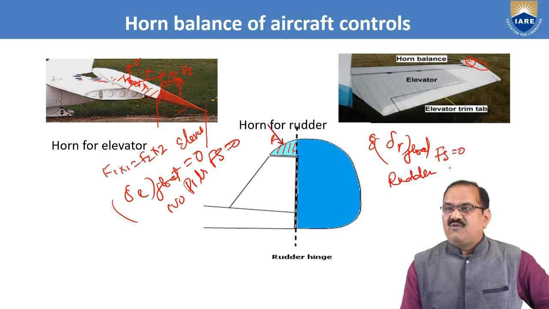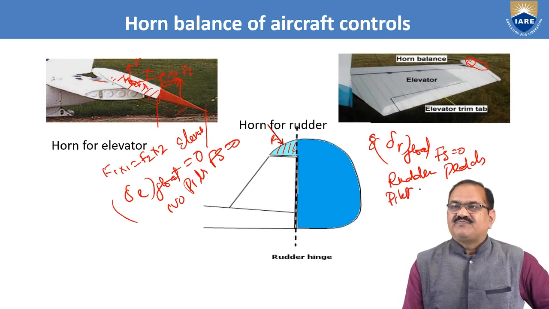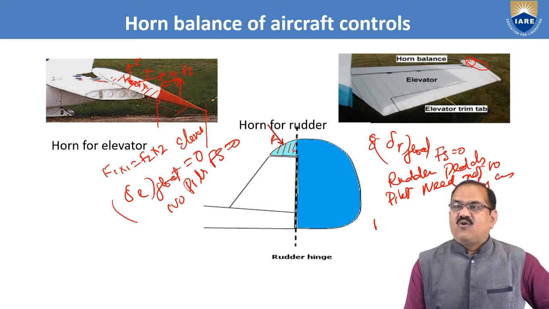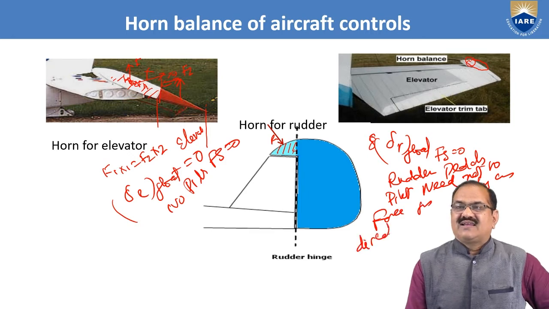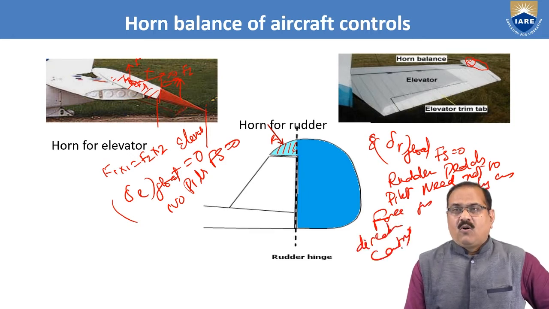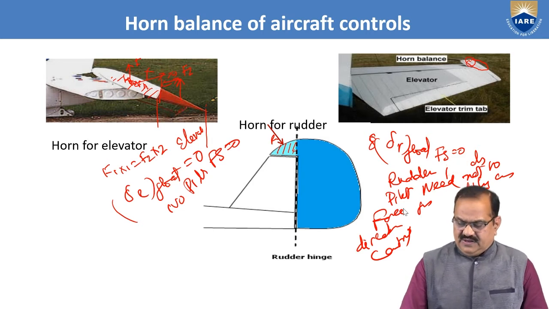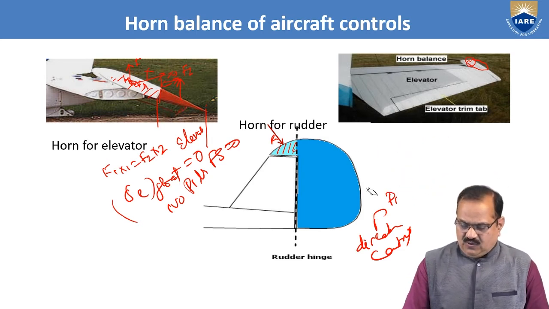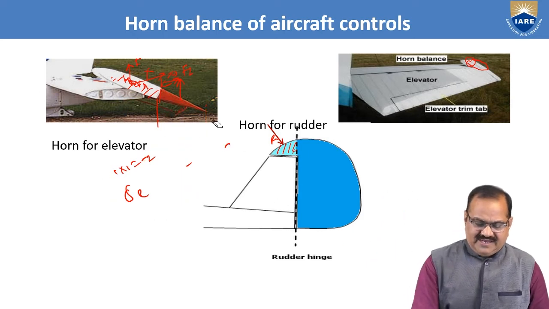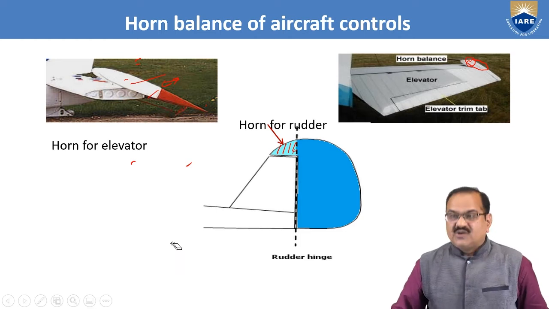With the rudder pedals, the pilot need not apply any force for directional control. So that is the purpose of this system. I think it is very clear now what the use of this system is.